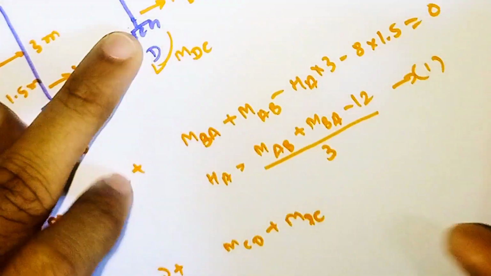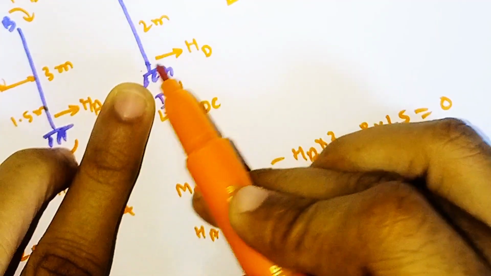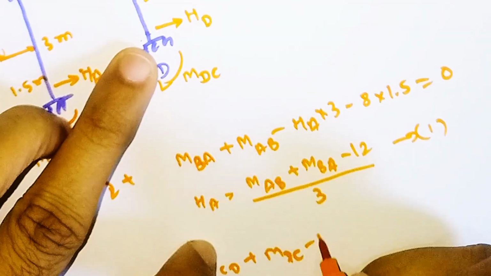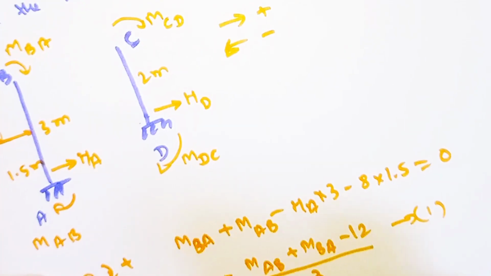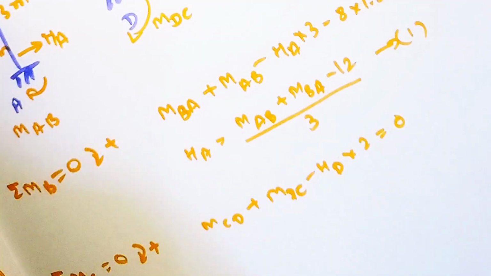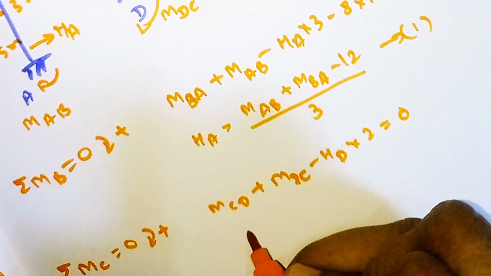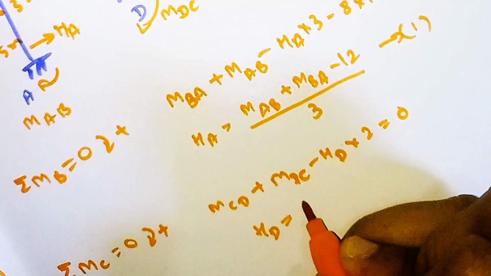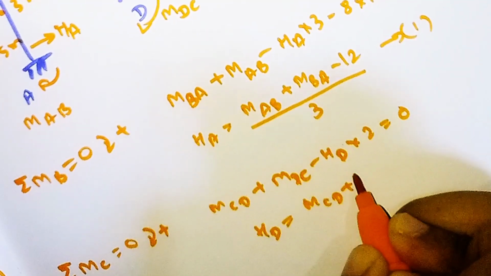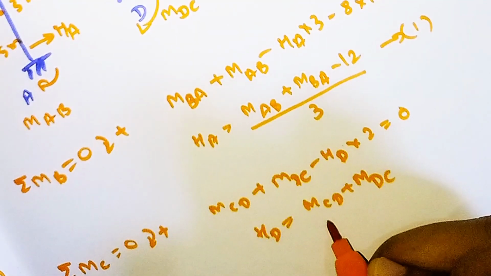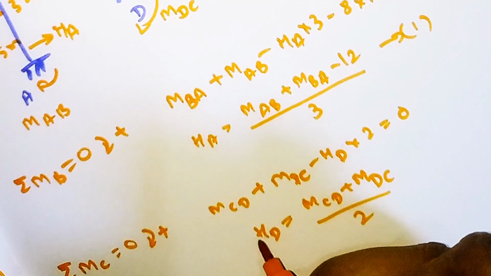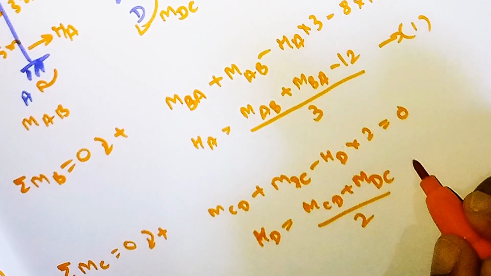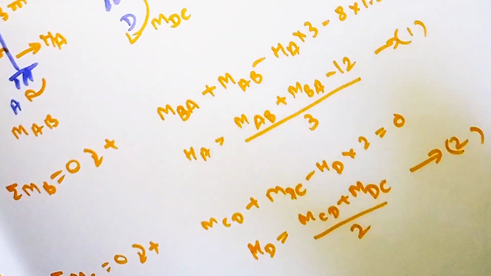If we turn it, it will move anti-clockwise, so minus HD into the distance from here to here, which is 2, is equal to 0. Simplifying, HD comes out as MCD plus MDC divided by 2. Call it equation number 2.